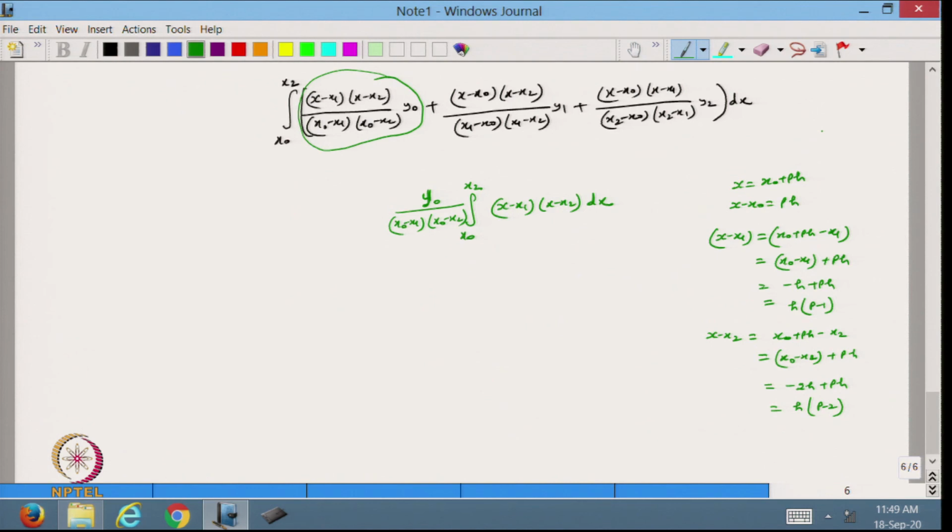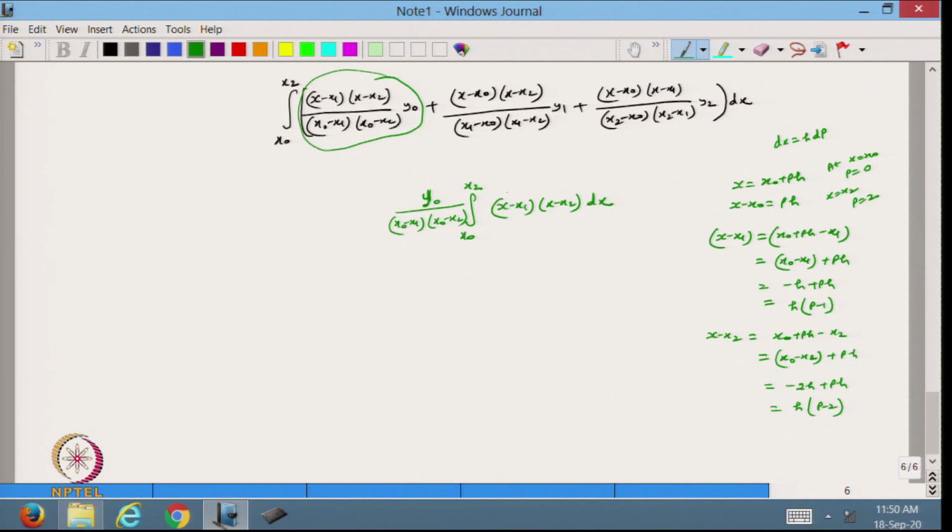Now, if you write dx, it will be h dp, and when x is equal to x0, p is 0. At x is equal to x2, p will be 2, because x is equal to x2 means 2h, so p will be 2.